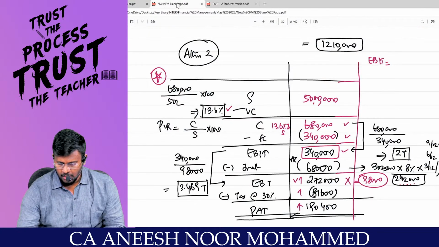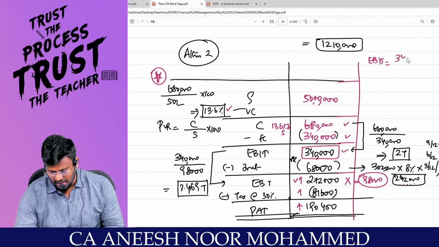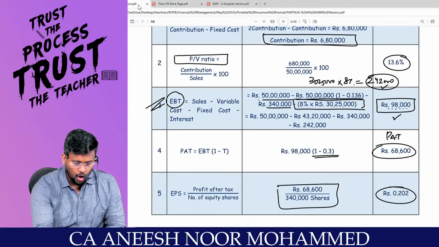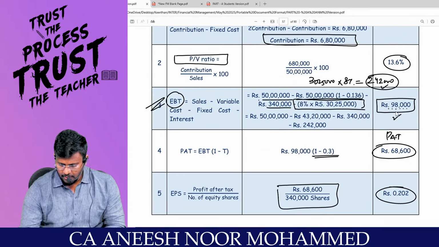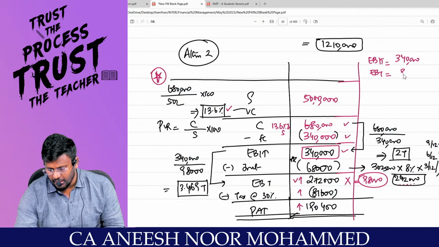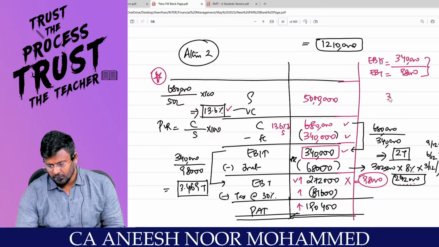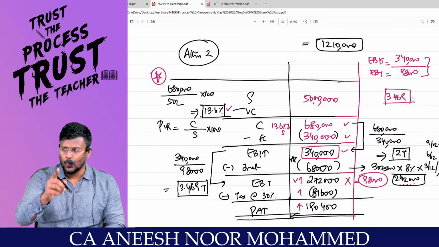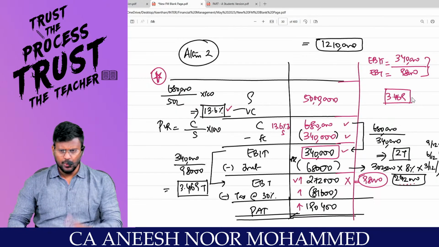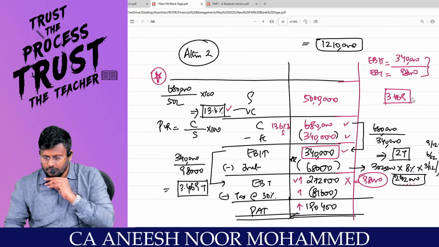Correct? EBIT, earnings before interest and taxes, 3,40,000. What is the EBT of ICAI? 98,000 is the EBT. So 3,40,000 divided by 98,000 comes to 3.469. But the real financial leverage is 1.25 times. It will not match.